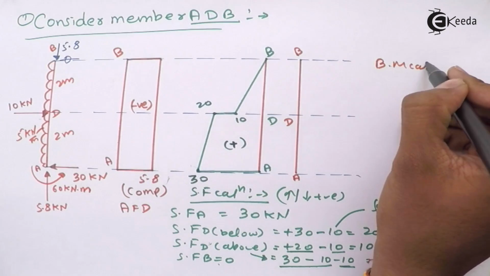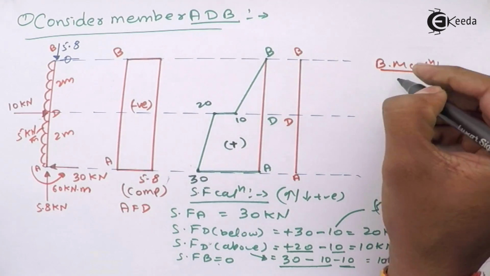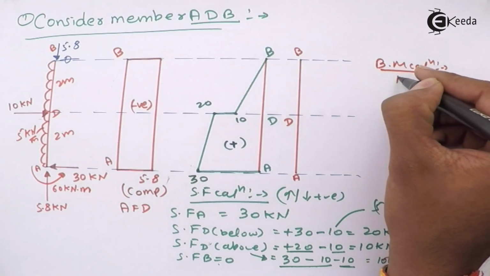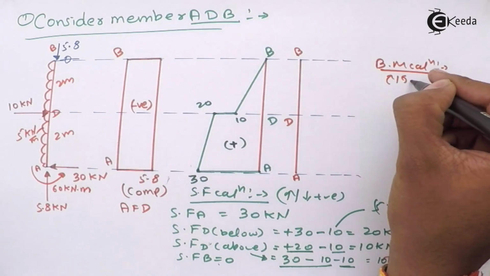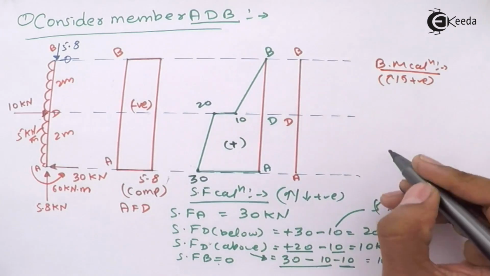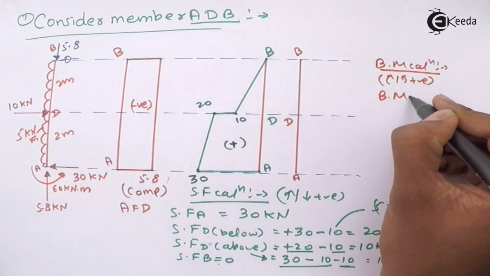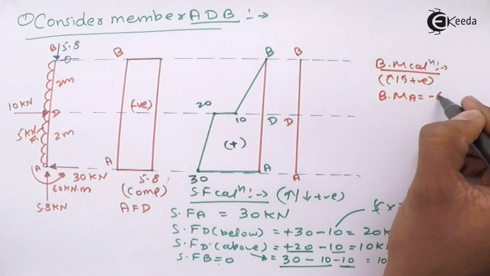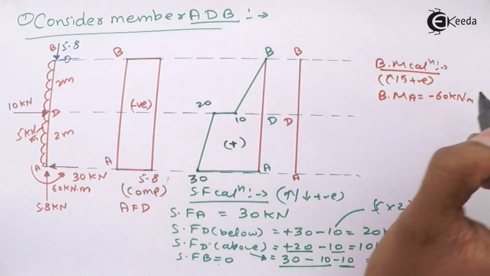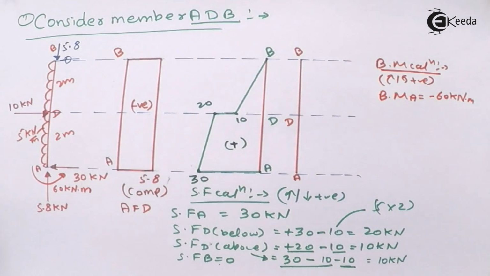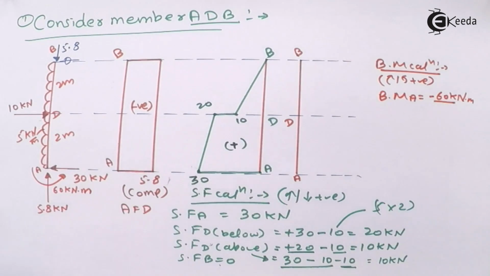Follow the sign convention. Okay, now bending moment at A is equal to minus 60 kilonewton meter. It is trying to bend A inside, 60 kilonewton meter.